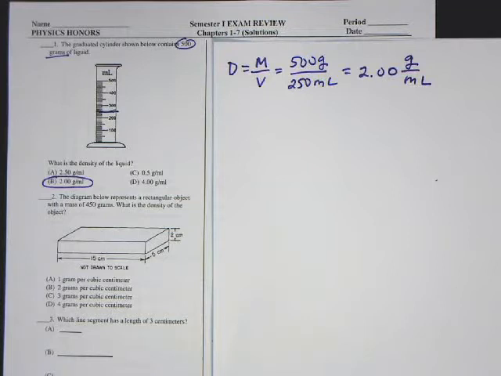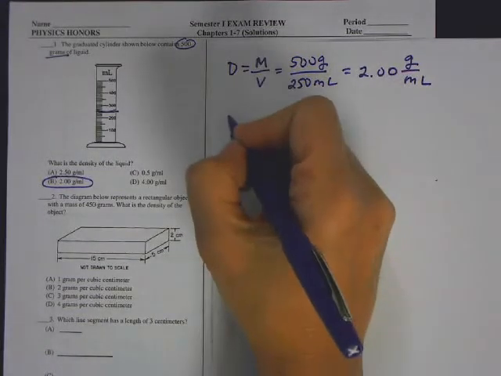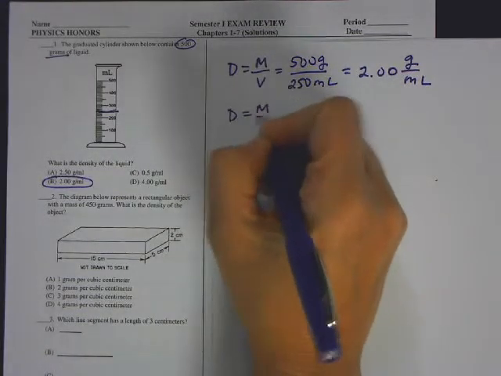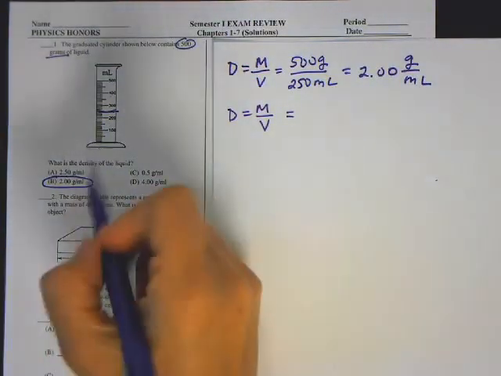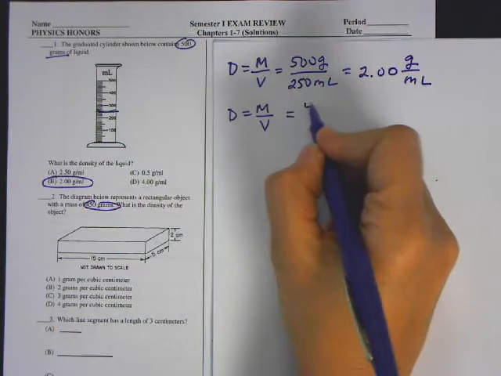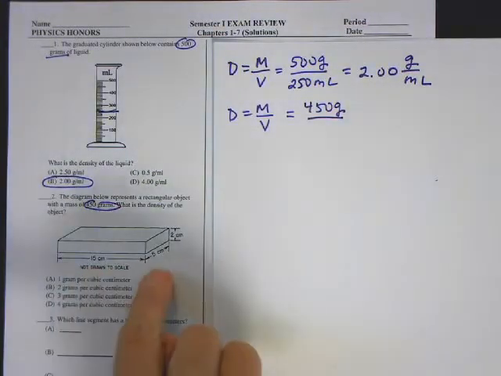Number 2. The diagram below represents a rectangular object with a mass of 450 grams. What is the density of the object? So first of all, for number 2, I know density is mass divided by volume. They tell me the mass is 450 grams, but they don't tell me the volume. But I see the picture.